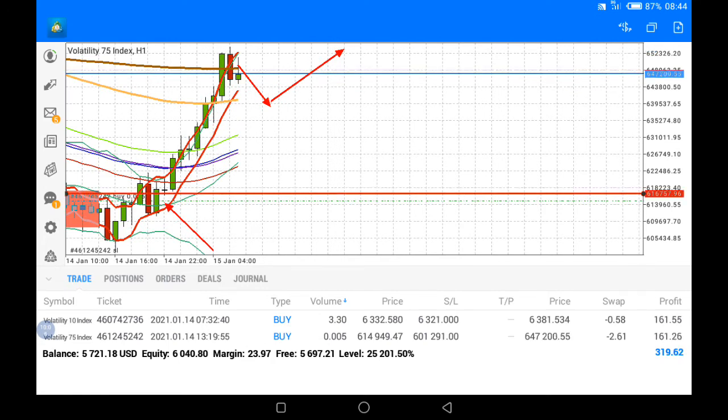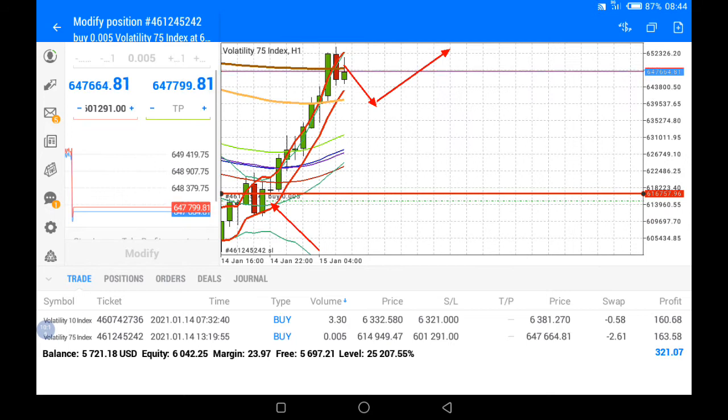But I think, okay, what I should do is let me move my SL right now and see what becomes of it. However, whatever be the case, I've already booked my profit, right? But the most important thing is playing safe, taking calculated risk. That's the most important thing when trading.